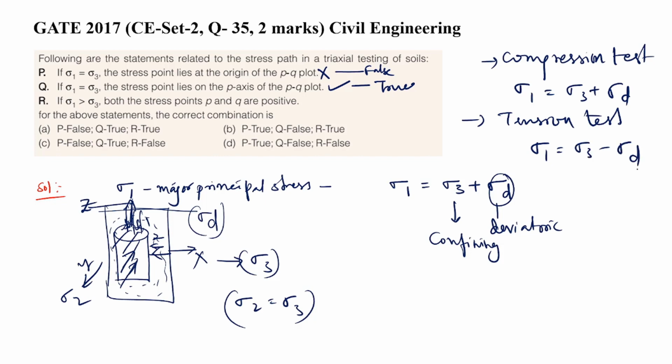It's not always that sigma 1 is greater than sigma 3, or always less. It can be anything. But if we take this condition, that means it's a compression test by default. So both the stress points P and Q are positive, they are saying.